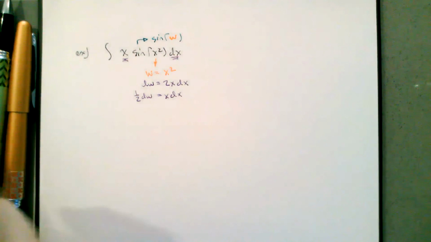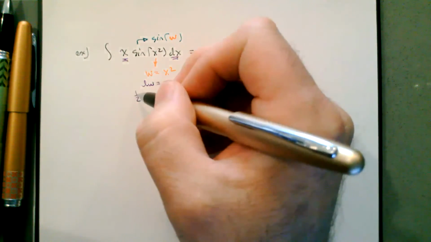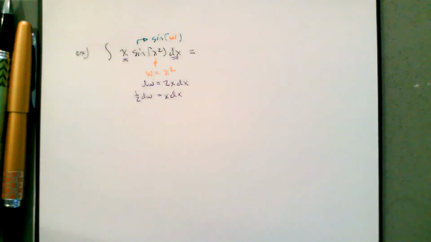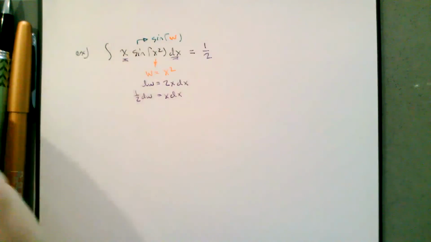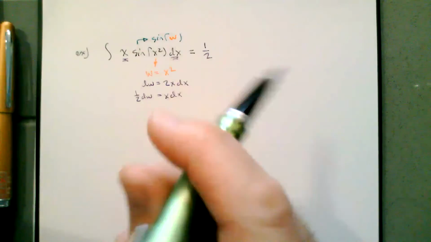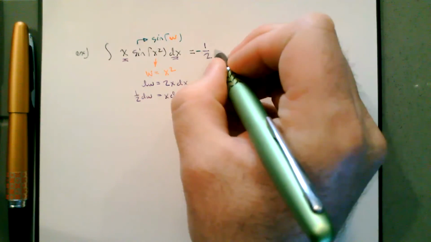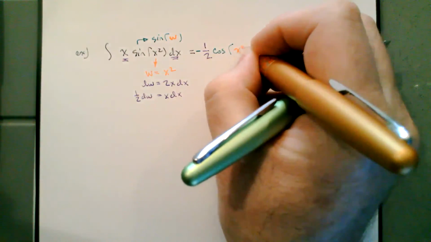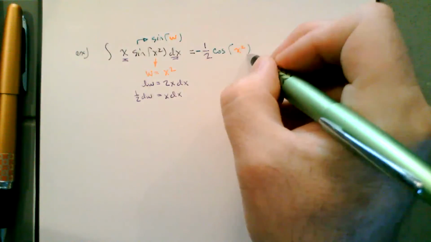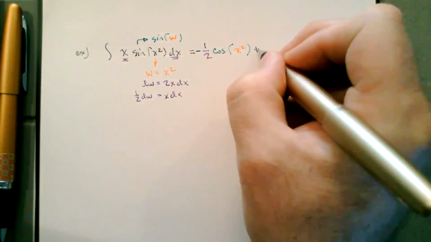So now we're going to integrate. We're going to get this factor of 1/2 from the dw. The integral of sine of something is minus cosine of that thing. And in this case, that thing is x squared. And then we make sure to put a plus c at the end so we don't lose a billion points.